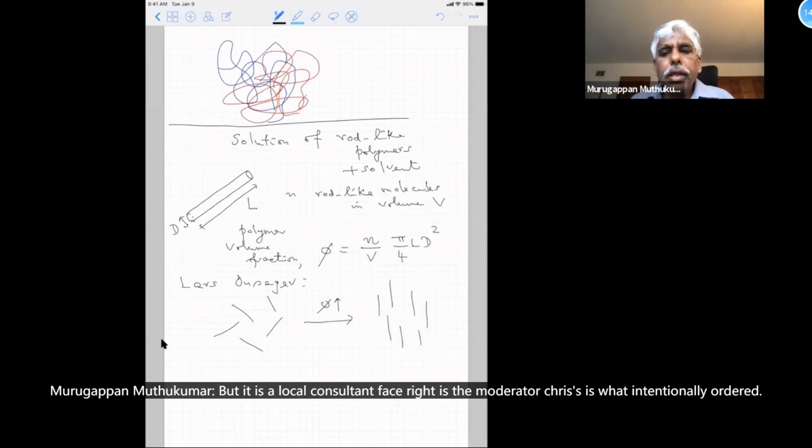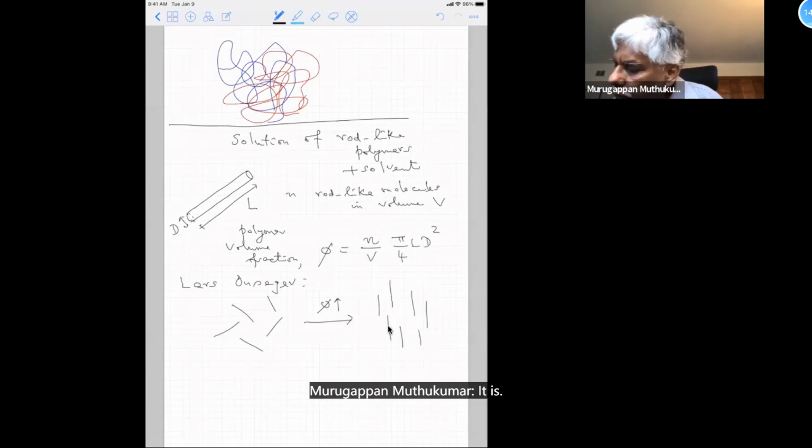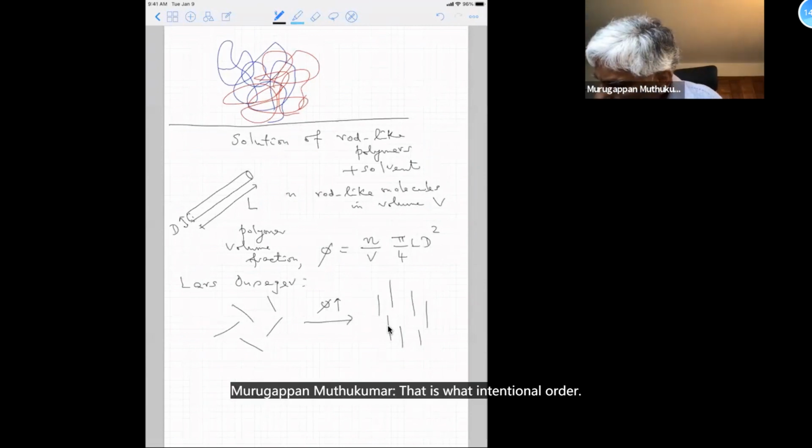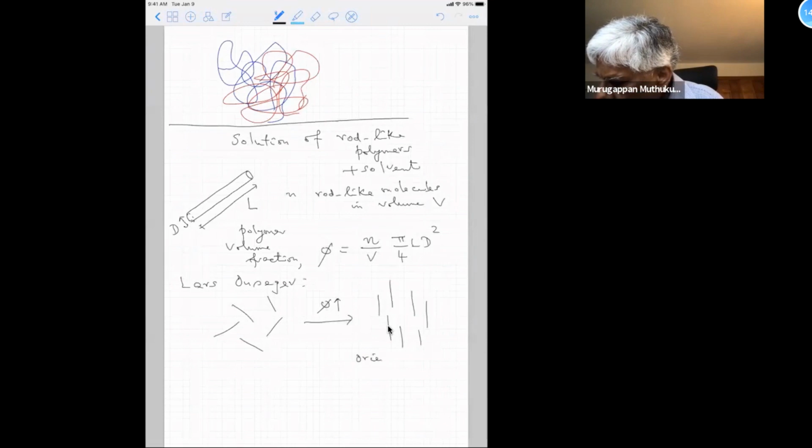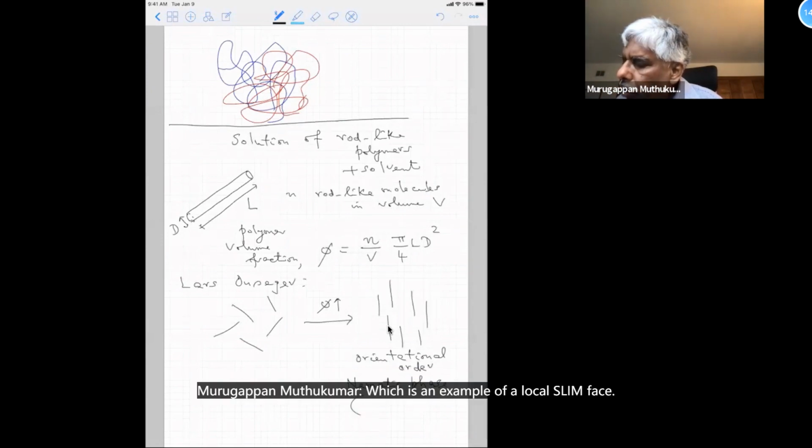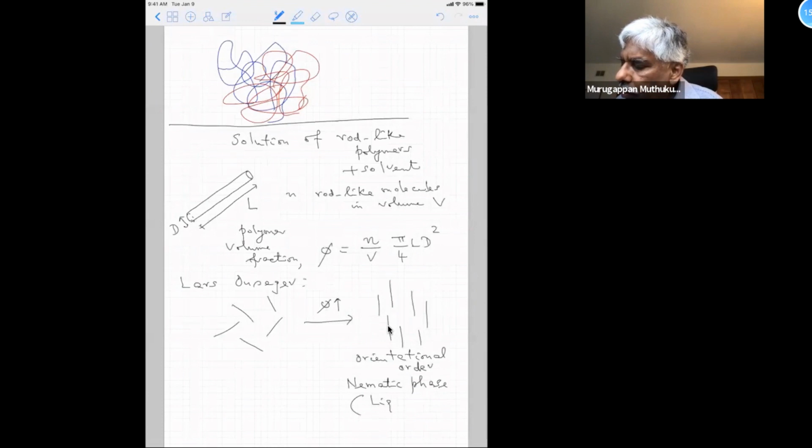This is a liquid crystalline phase. It's more like a crystal. There is orientational order. And this is called a nematic phase, which is an example of a liquid crystalline phase.